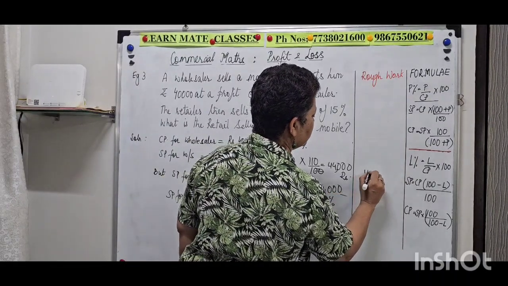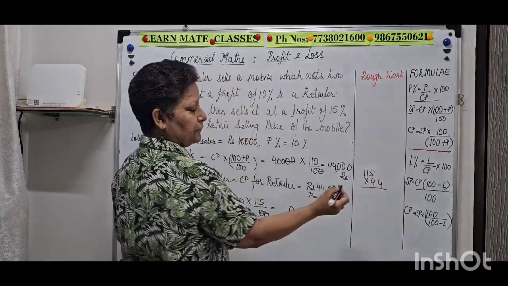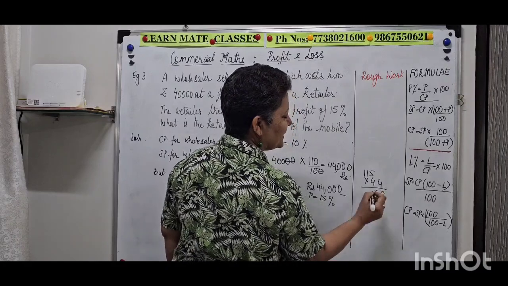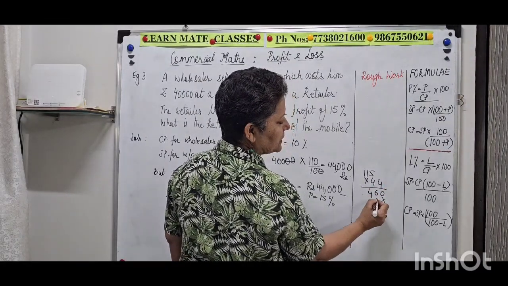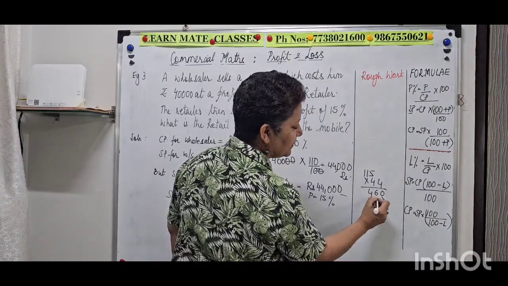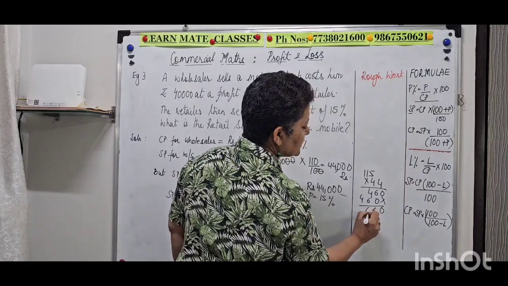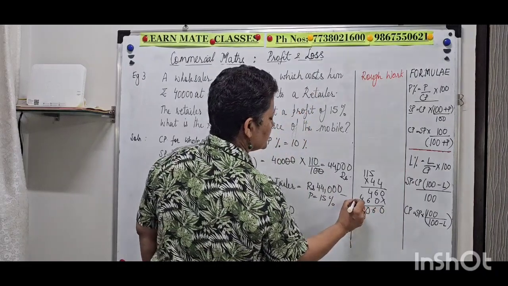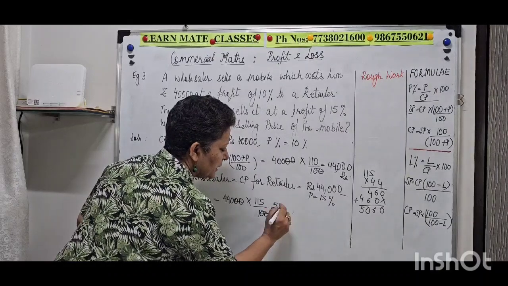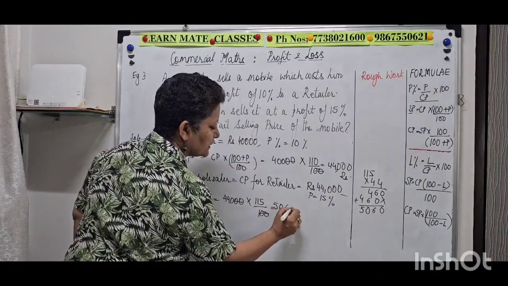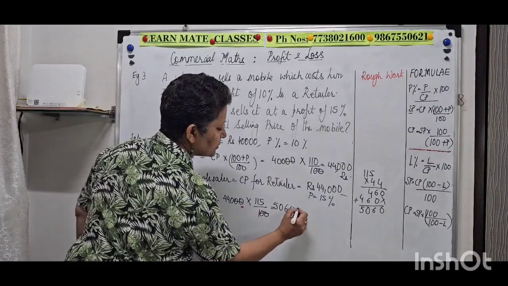Let's see what I get. 115 into 44. So 4 5s are 20, 4 ones are 4. I do the similar thing because it's a similar number. So this is 0, 6, 4, 0, 6, 0, and 5. This is obtained on adding, and so my entire number then will become 5060. And if you remember, there was a 0 behind, and so this 0 is also here.